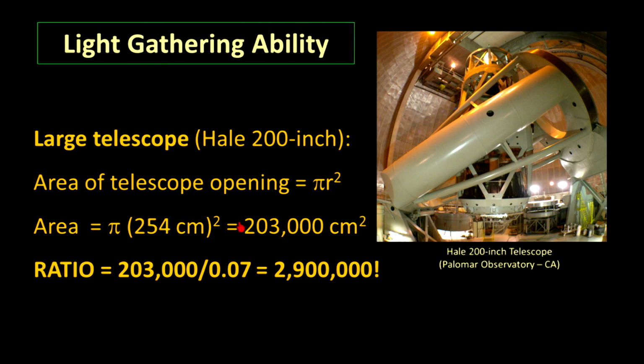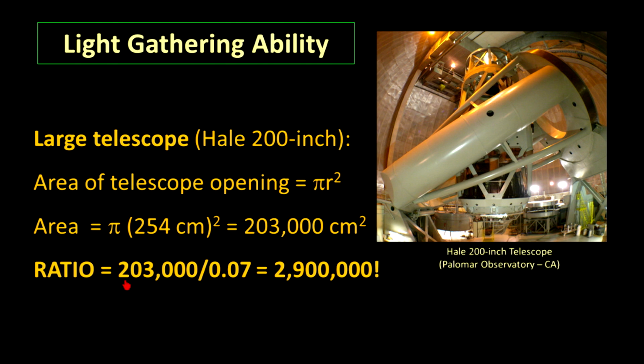Now, the same formula, pi r squared, but when we convert it into metric units, taking the radius, which is 100 inches, into centimeters, is 254 centimeters. So the radius of this telescope in metric units is 254 centimeters, square it times pi. And so what we get is 203,000 square centimeters of light gathering ability.